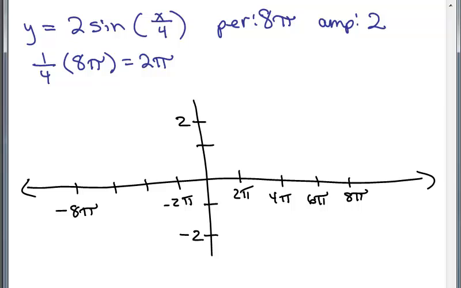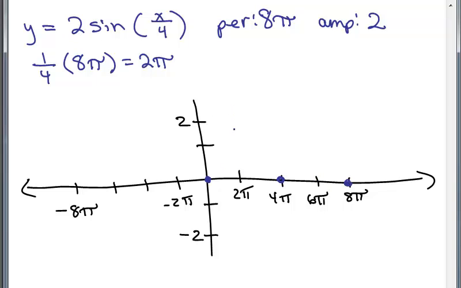Now I could make a chart for all these ordered pairs, but you know the period goes from 0 to 8 pi, and we're doing the sine function, right? So we know it starts at 0, 0, in the middle the y value is 0, and at the end it's at 0. And what happens in between these places?